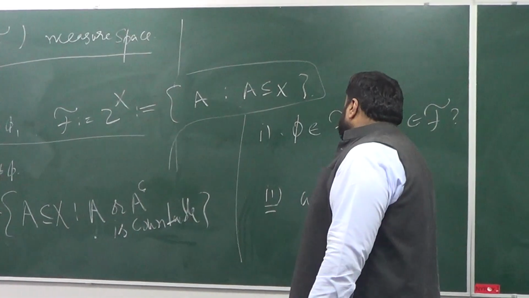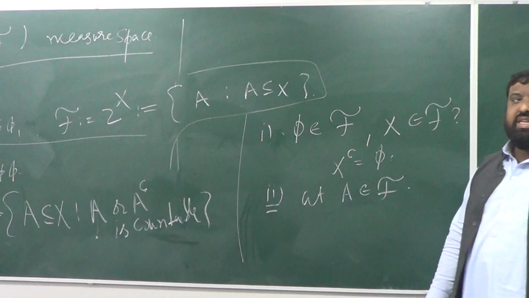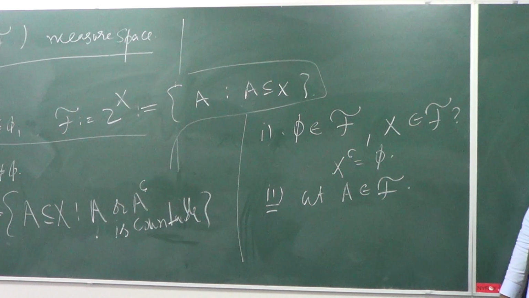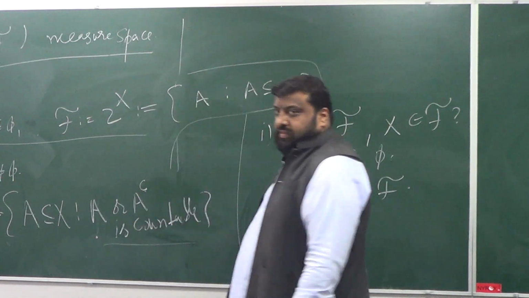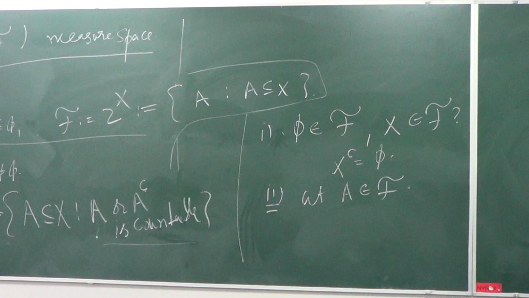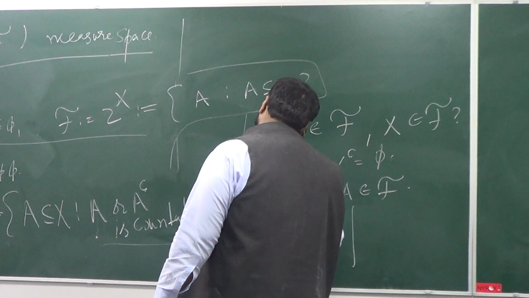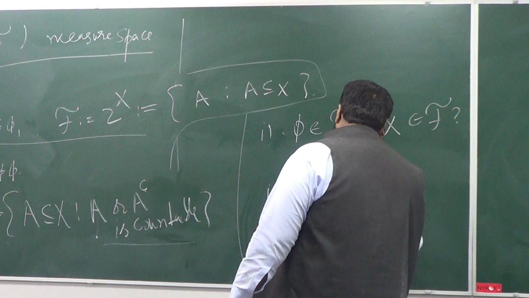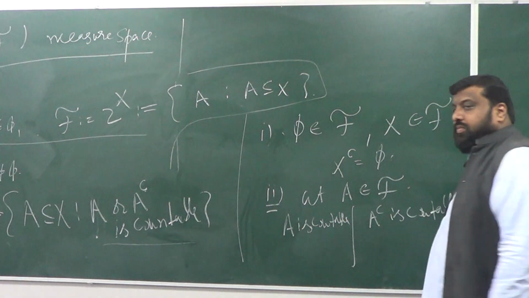So let A be in F. We want to show that A complement should also be in F. If A is in F, it must satisfy this condition. So you have two choices: either A is countable, I don't know whether A is countable or not, or A complement is countable. One of them is true.